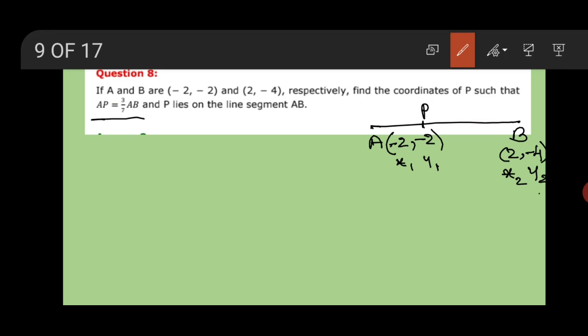Therefore, I will write here m1. This is the place of m1. The ratio m1 is 3 and BP is what? 4. m2 is equal to 4. Now we can apply the section formula. By the help of that, we can find the coordinates of point P. Yes. Now write down, what is the section formula?